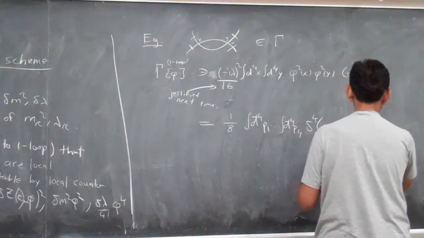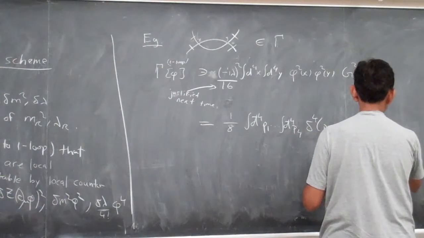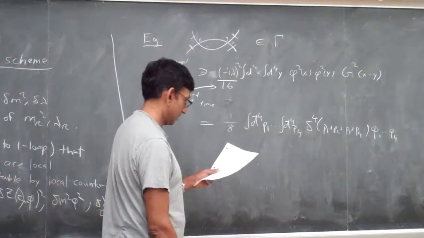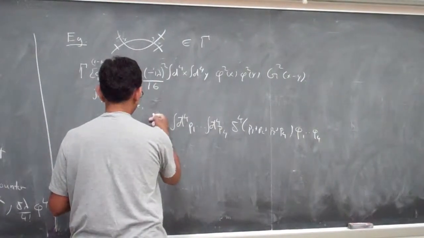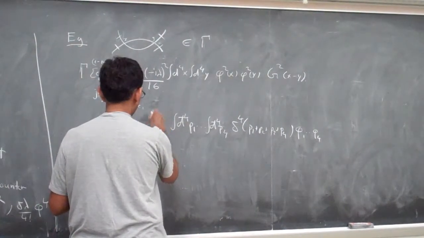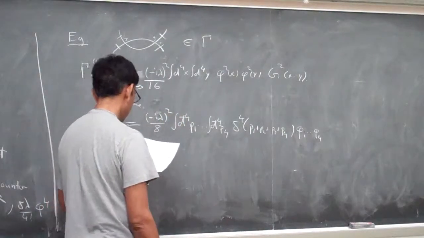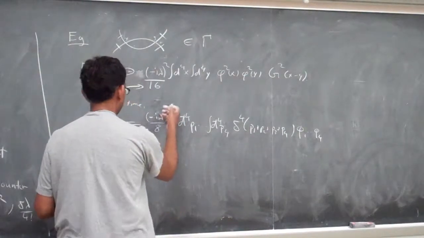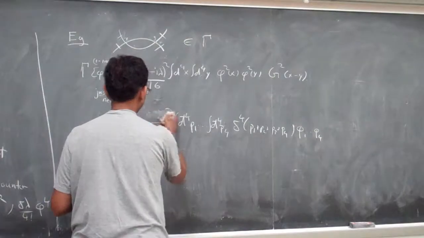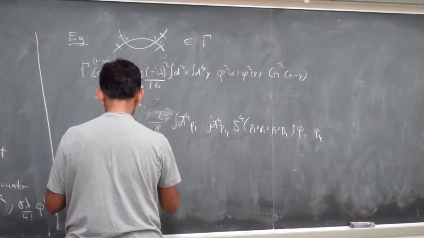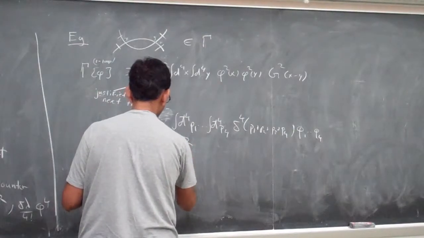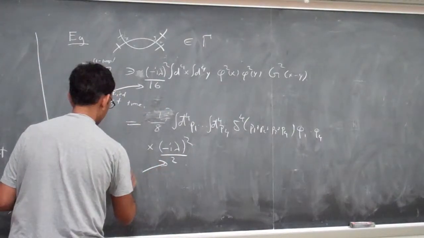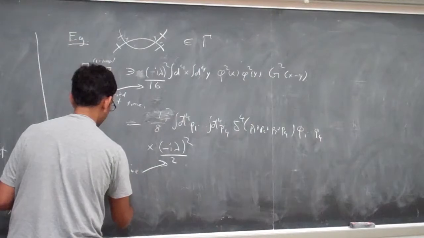And then there's phi of p1 down to phi of p4. So that's easy. And then there's the minus i lambda squared factor again. Well, let me separate that out. Okay. And then multiplied by minus i lambda squared over 2, which is the naive symmetry factor.